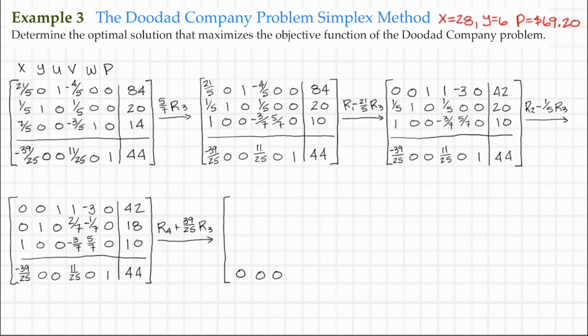Negative 3/7 times 39/25 is negative 117/175. 11/25 minus 117/175 is negative 8/35. 5/7 times 39/25 is 39/35.